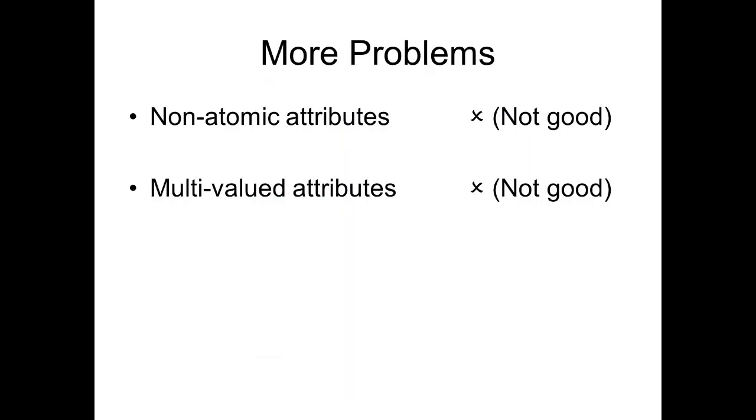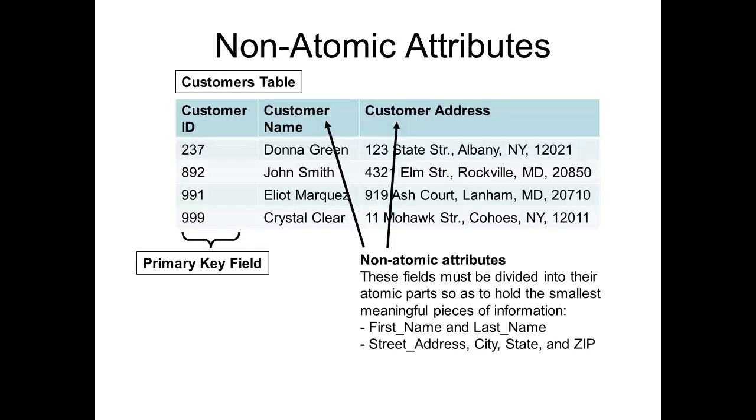There are other problems we can encounter in a relational database that go beyond the dependency issues. The two important problems that are pretty common are non-atomic attributes and multi-valued attributes. Non-atomic attributes are attributes that are not divided into their smallest meaningful pieces.